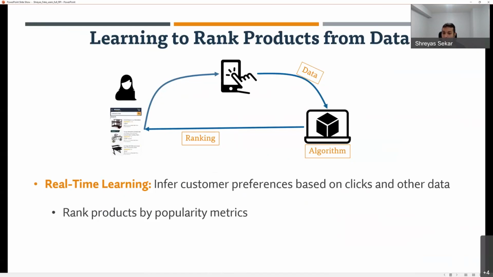Okay. Now, once I come up with this composite popularity metric, I'm going to rank the products in decreasing order of their popularity. This general phenomenon is known as ranking by popularity, and most platforms out there use some variant of this popularity algorithm. Okay, so far so good.